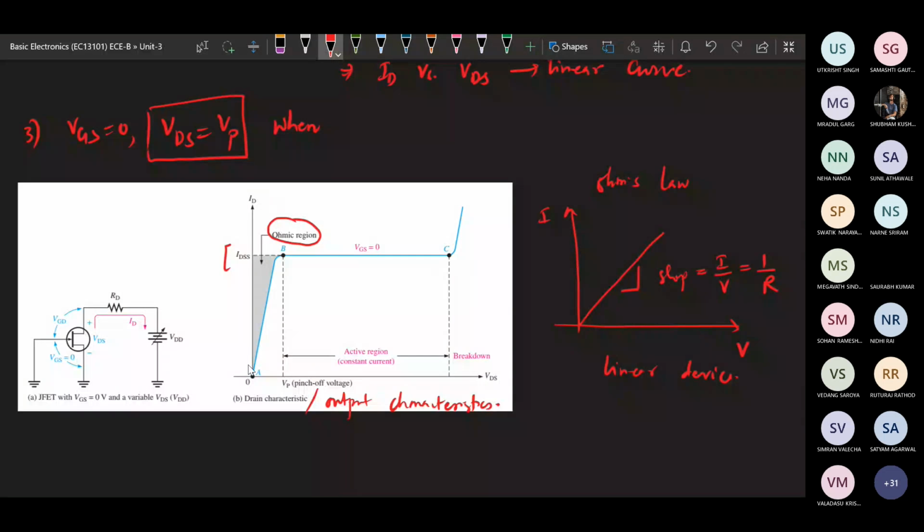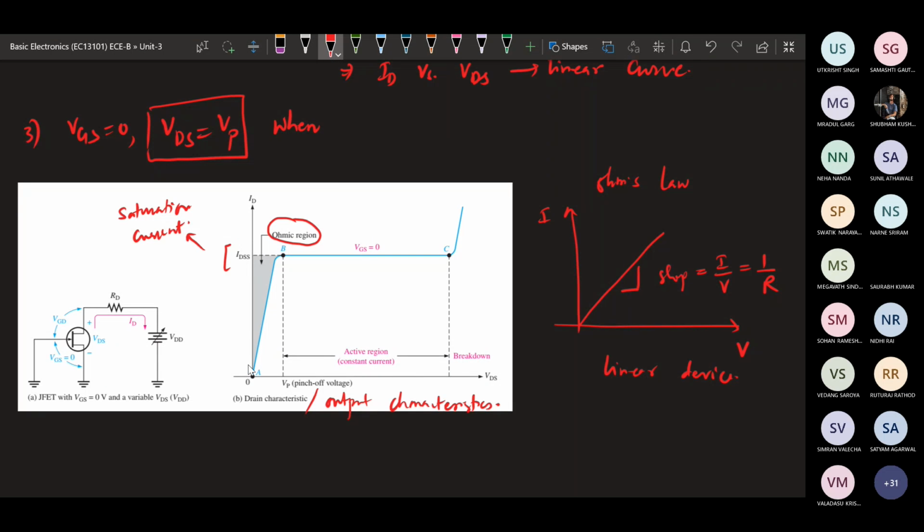Okay, so this is called the saturation current. So this is the minimum current that will be flowing even if the channel has been completely reduced.